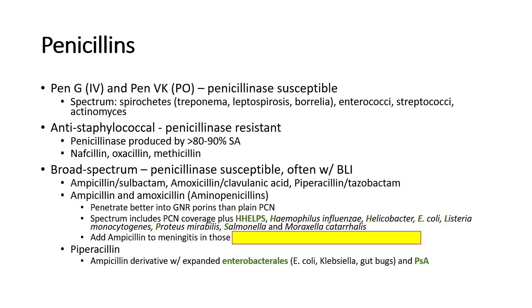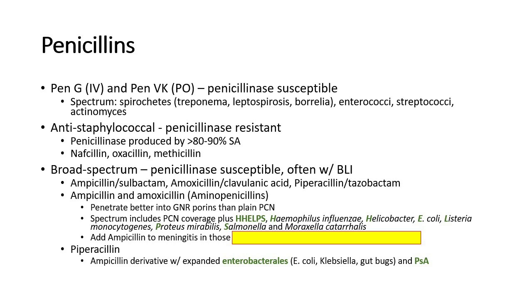Now, for the spectrum of the broader spectrum penicillins, there's a mnemonic that helps. And we typically add ampicillin for patients with meningitis and patients who are over 50 or immunocompromised.